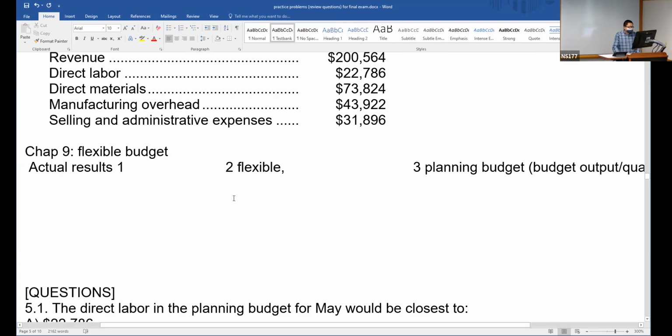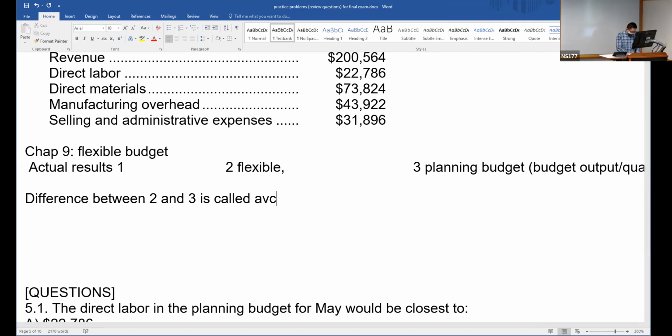The difference between column 2 and column 3 is called the activity variance, and it has nothing to do with managerial efficiency or effort. The more meaningful part is the spending or revenue variance, which is the difference between column 1 and column 2.